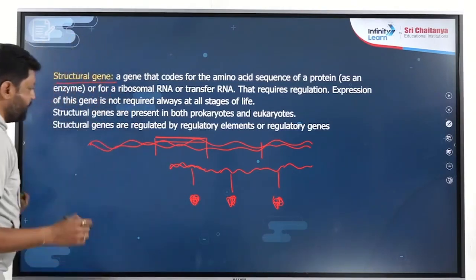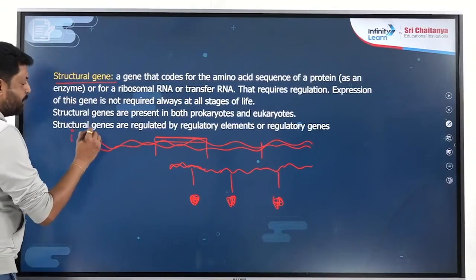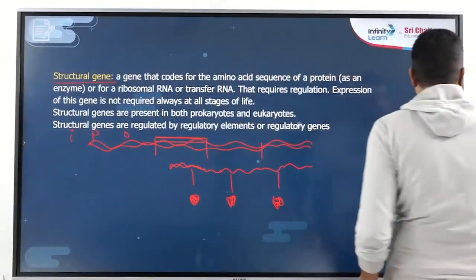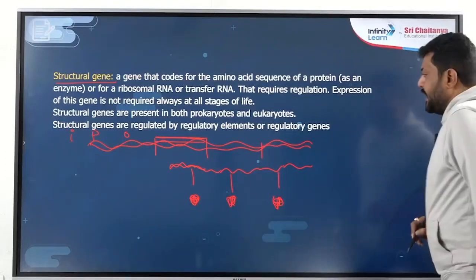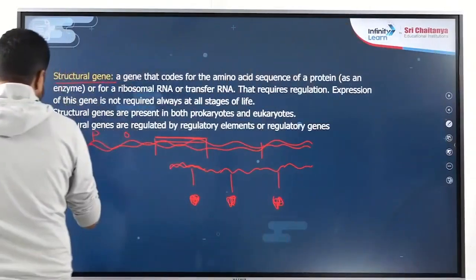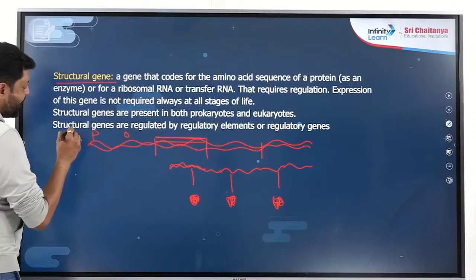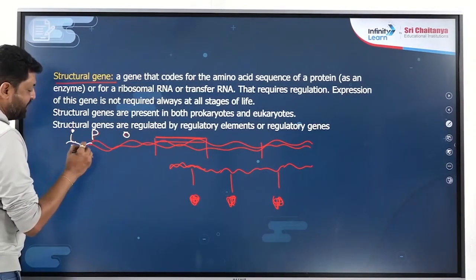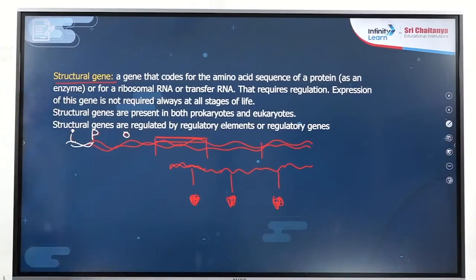So it is different from regulator, promoter, operator. Do you know this? Regulator, promoter, operator. These are loosely defined as genes. How the textbook definitions are sometimes very beautiful.